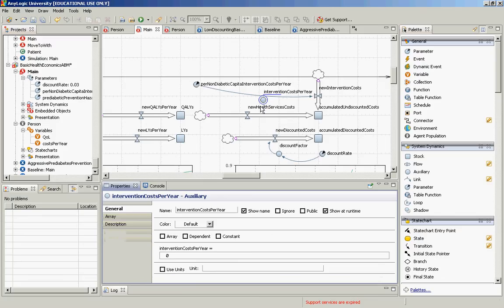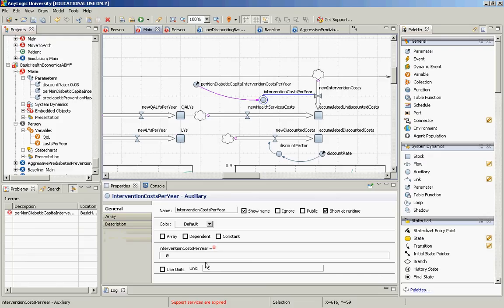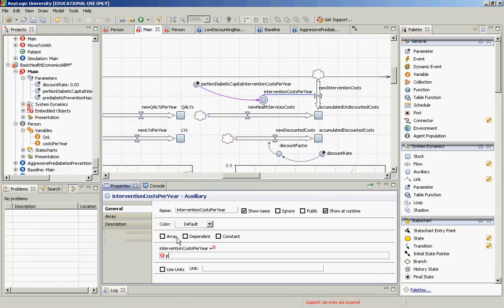Well, it's going to depend on this per non-diabetic capita intervention cost per year times the number of non-diabetics in the population.